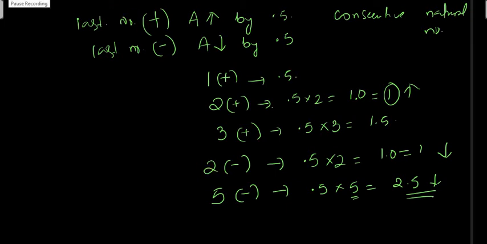Example: the average of 5 consecutive natural numbers, let's say k. The average of 5 consecutive natural numbers is k.